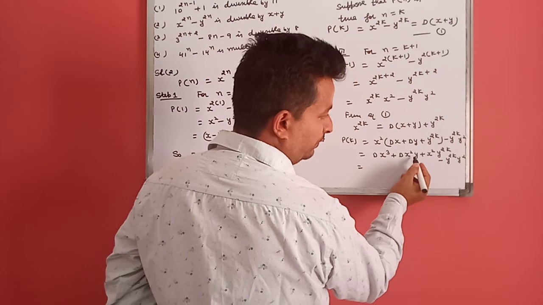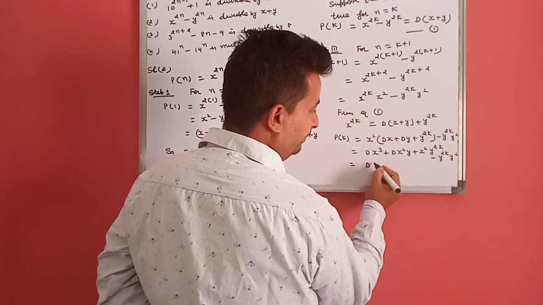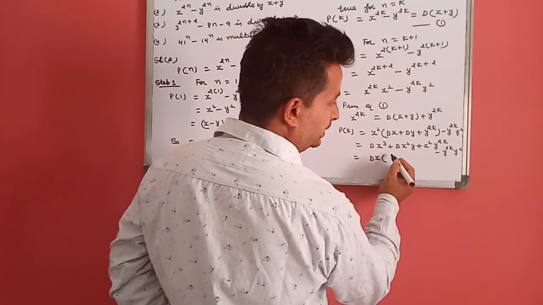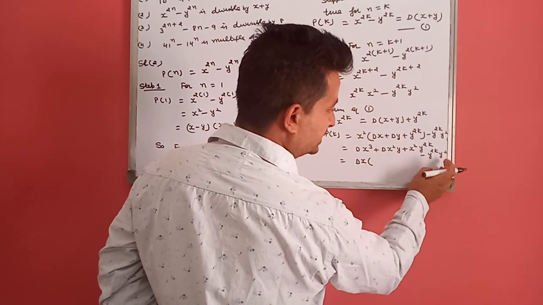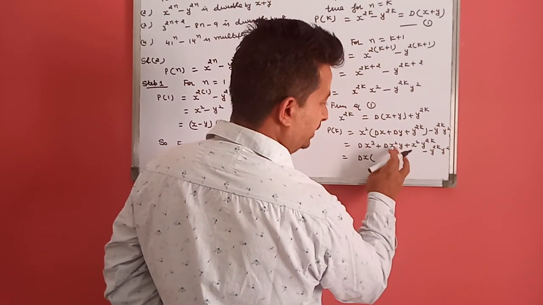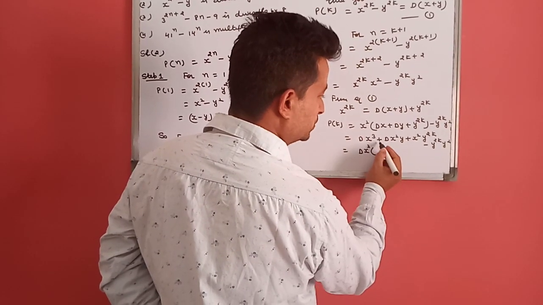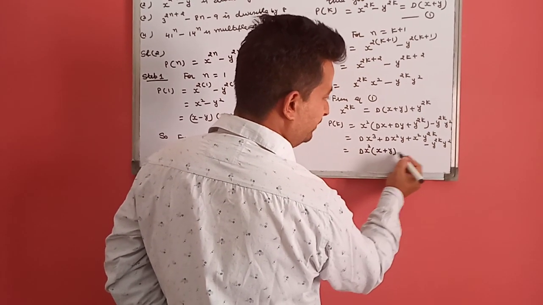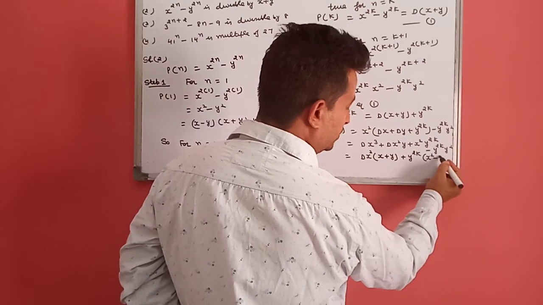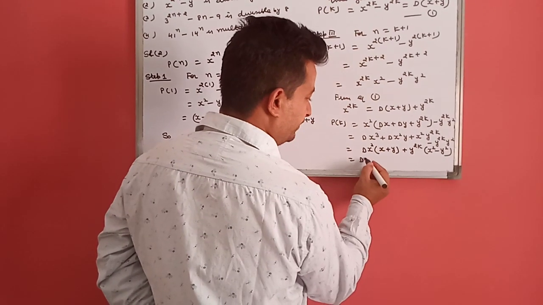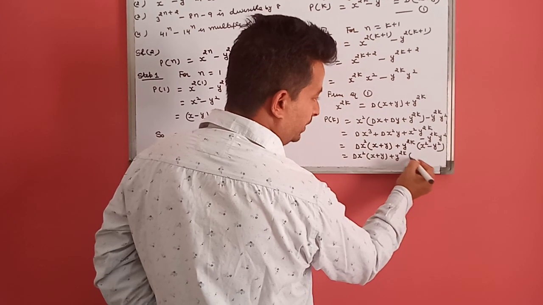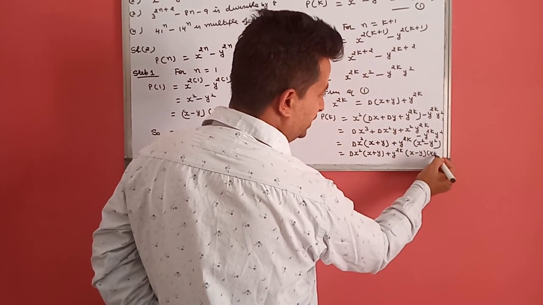In this we take dx as common. That is equation 1. We take here common d x square, so this is x plus y. In the remaining terms we take y^(2k) common, so this is x square minus y square. In this we use the identity again: (a minus b)(a plus b).